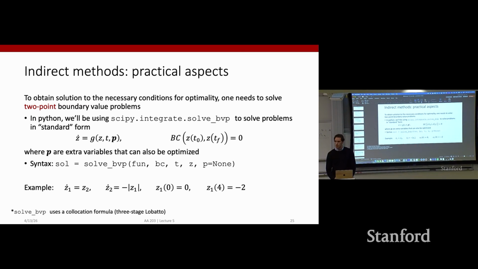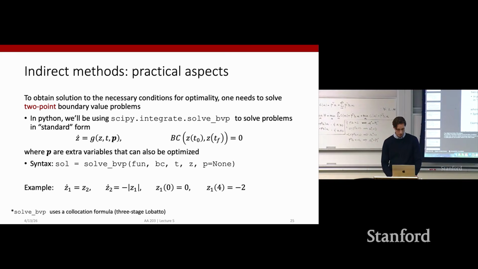I think I'll take some questions now, and then I'll wrap this up next time. Yes? Is Z2 completely unconstrained here then? Because you take Z2 dot equals -Z1, and then back out what Z2 should be at a different time, you would just be left with an unknown constant.